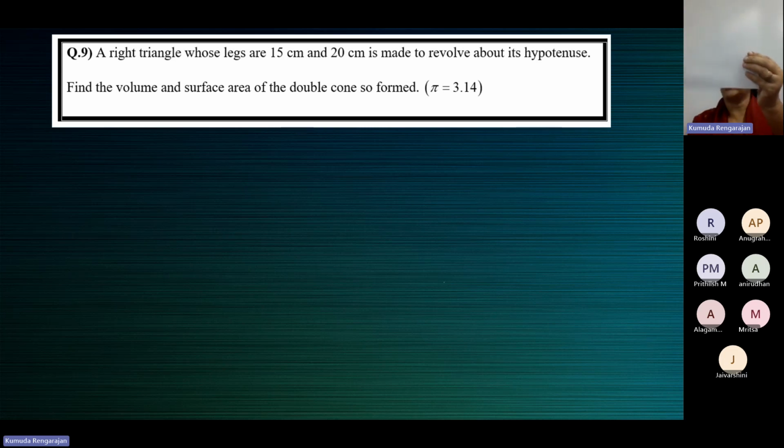You keep this leg as the axis, fixed. This one does not move, and this one turns and comes back to the starting point. Now this triangle would have traced the shape of a right circular cone.